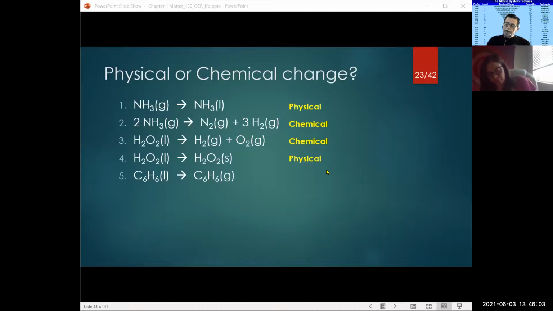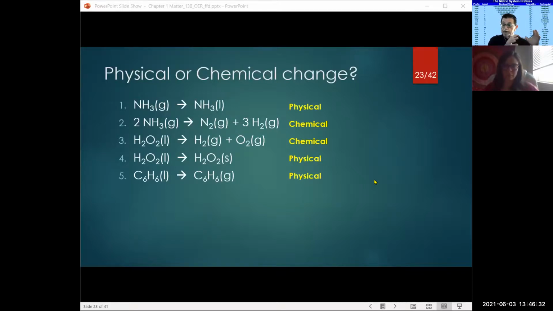And number 4, as we talked about, is a physical change. Nothing happened to the structure. And number 5 also is a physical change because nothing happened to the structure. Only the physical state changed. Okay, so these are typical types of reactions that you may see in the homework or exams. And even though you may not know what the structure is and what it is chemically, analyze product and reactant.